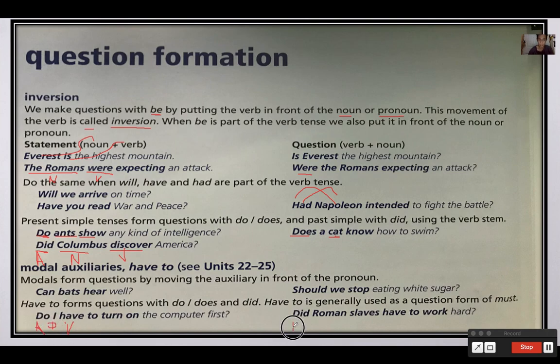And over here, auxiliary, noun or pronoun, and then we have the verb have. Did Roman slaves have to work hard? Work is a verb too.